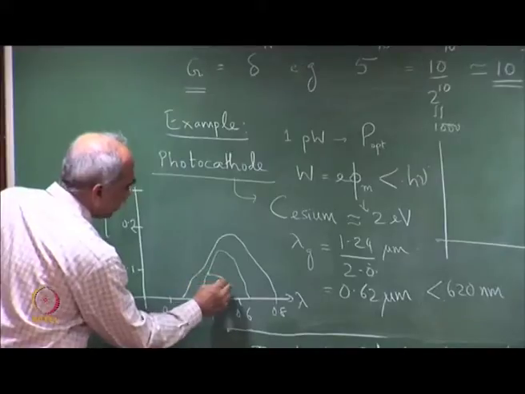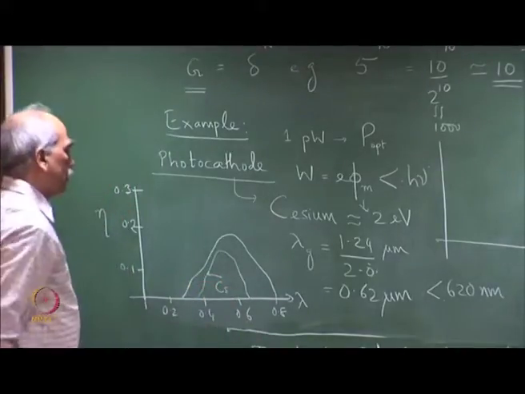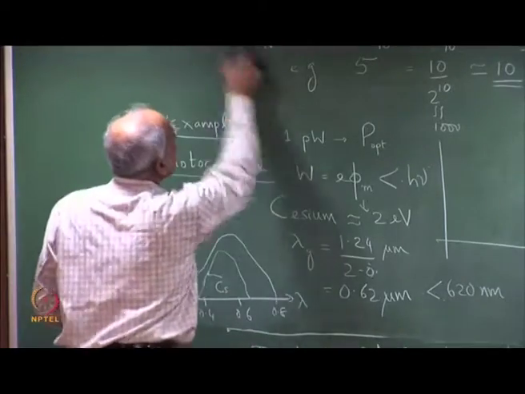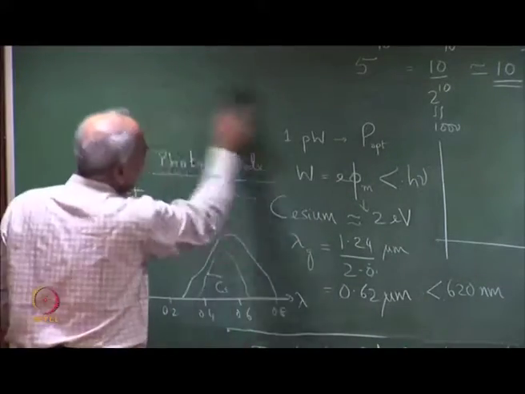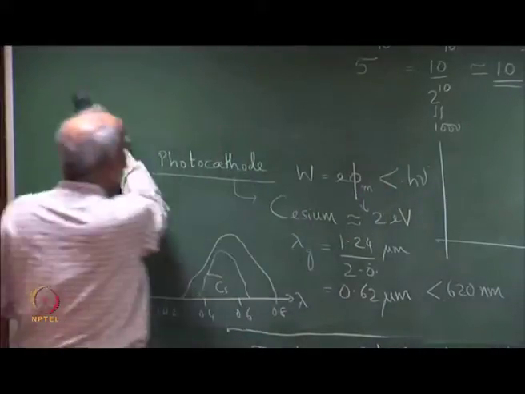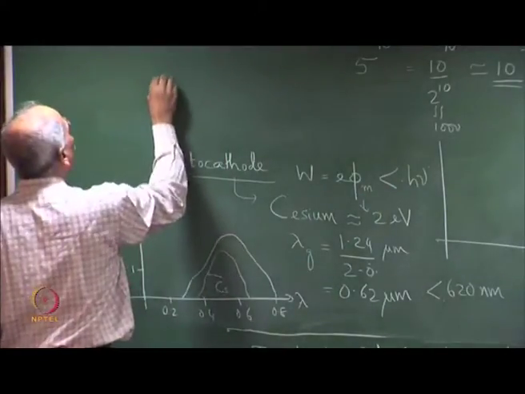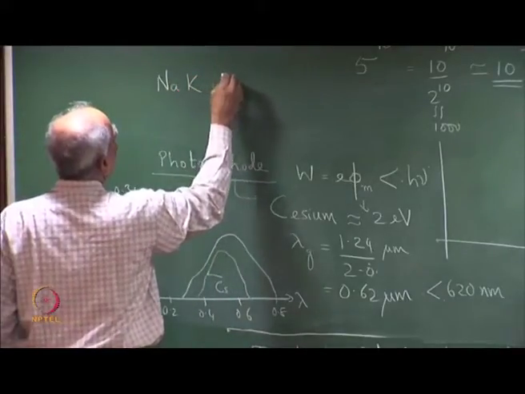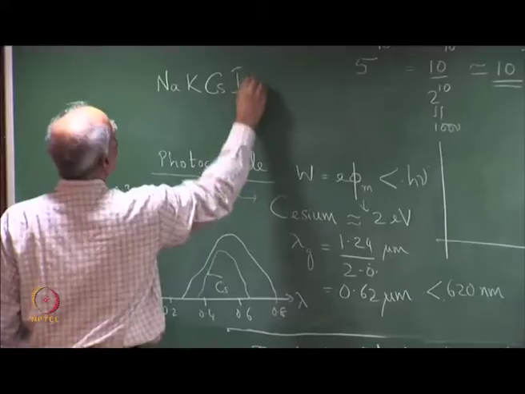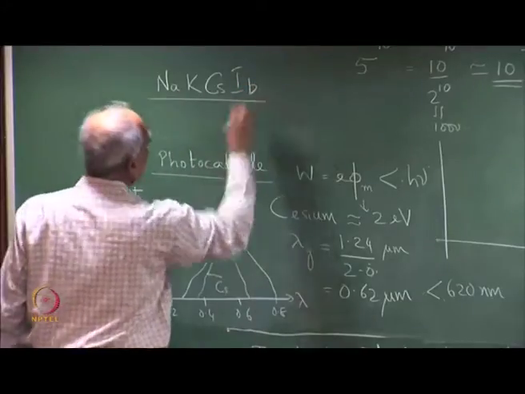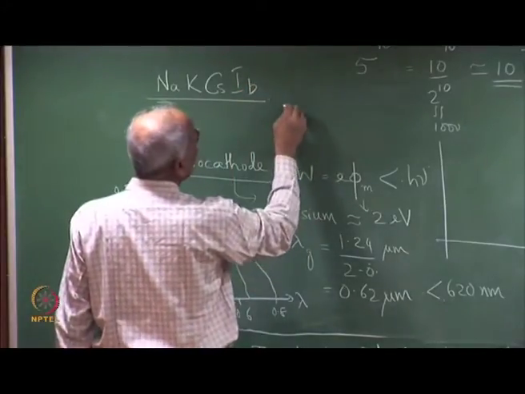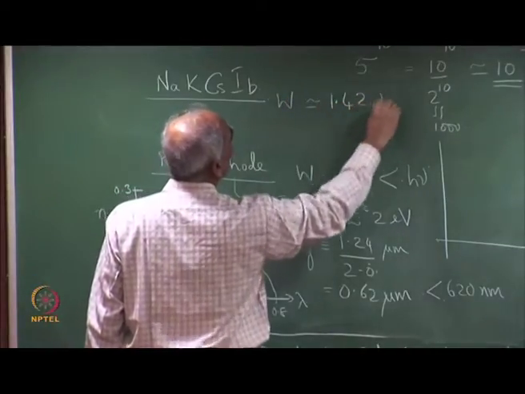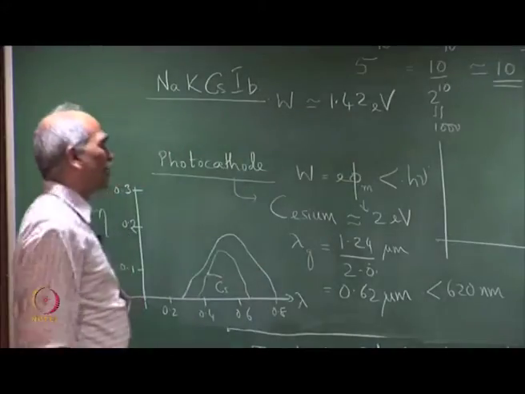If I take cesium, there are other materials. For example, one of the materials is an alloy, a compound of sodium, potassium, cesium, antimonide. This has a work function E phi m, W, nearly equal to 1.42 eV, almost the same as the band gap of gallium arsenide.